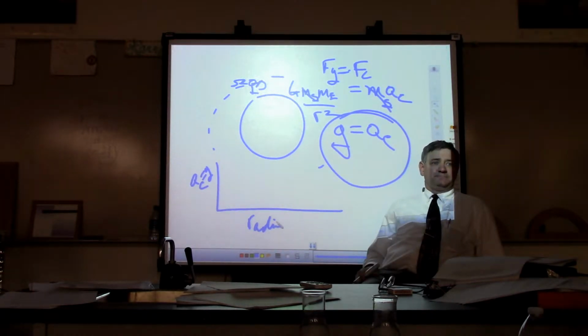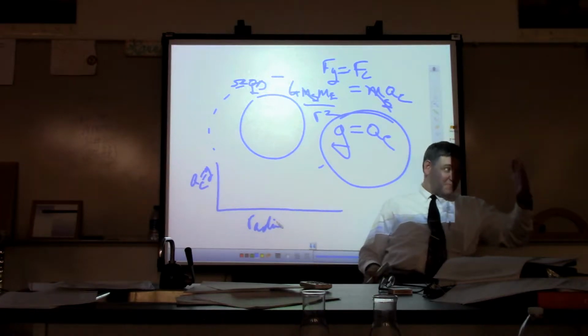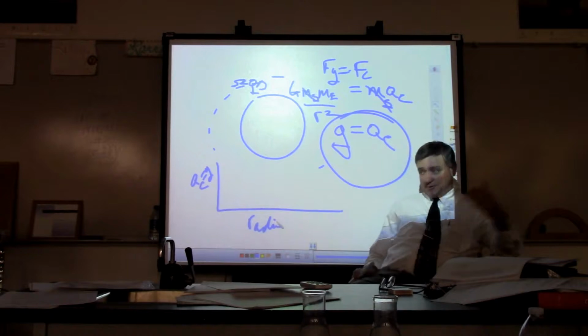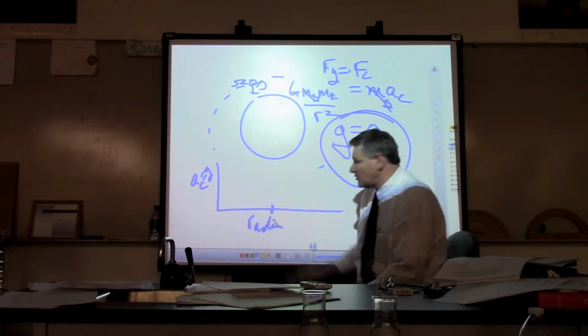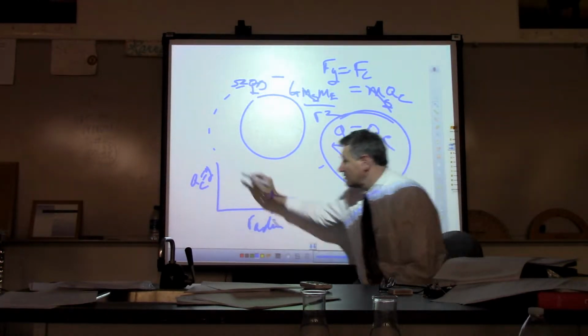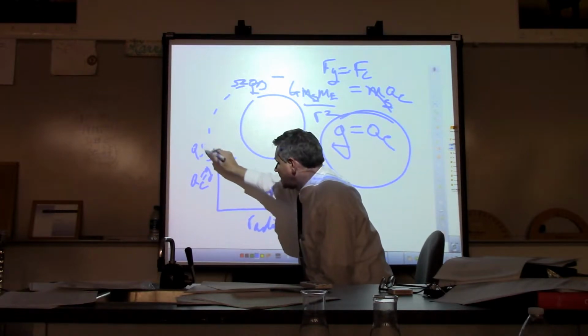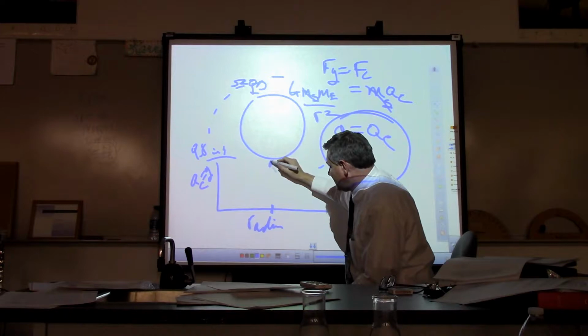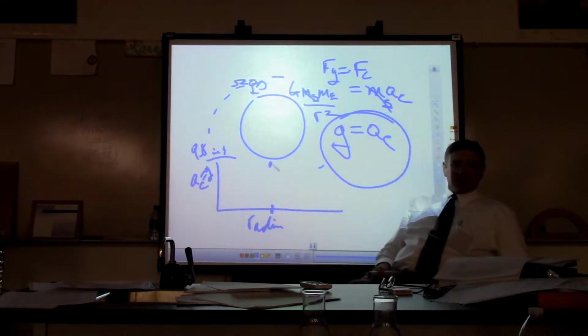You have to start with the radius of the Earth. We're not going to do well orbiting inside the Earth. So the minimum is the radius of the Earth, and let's say that's 9.8 meters per second squared.